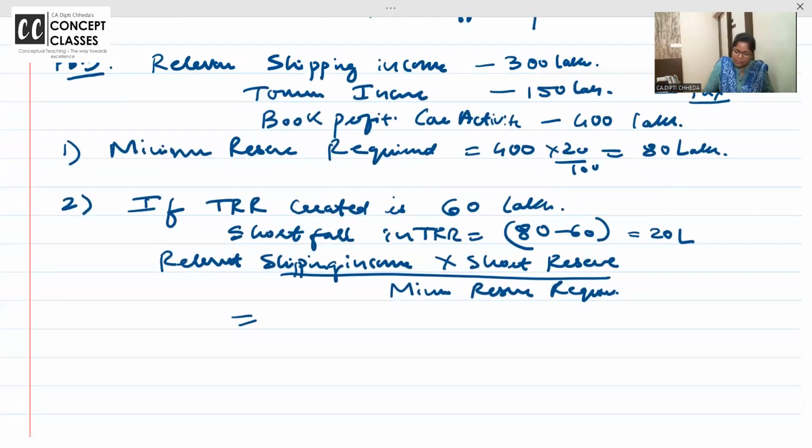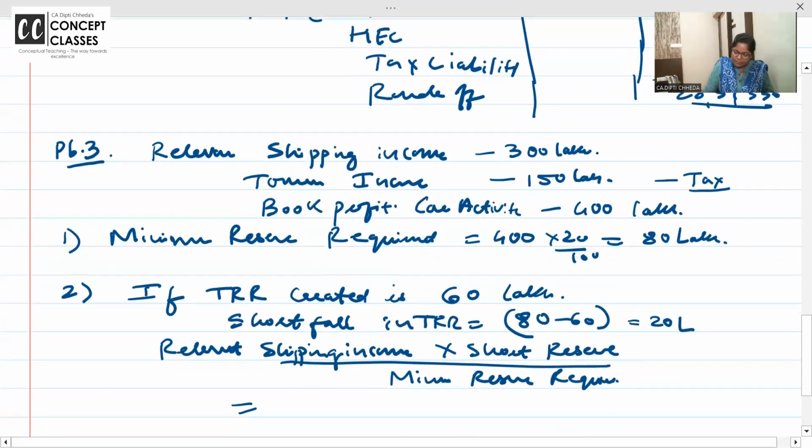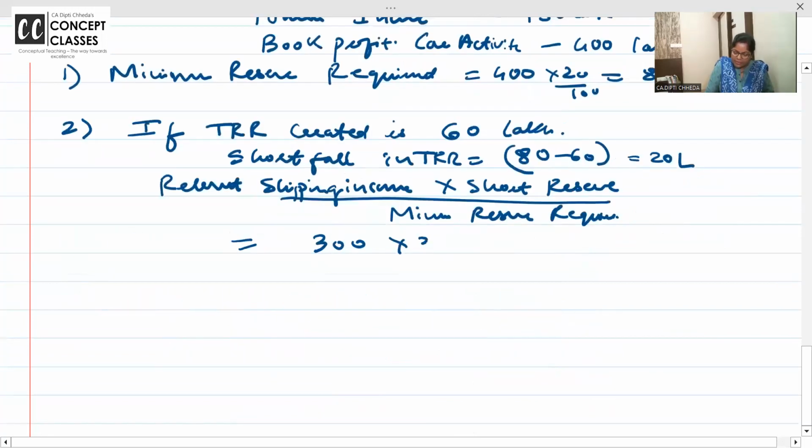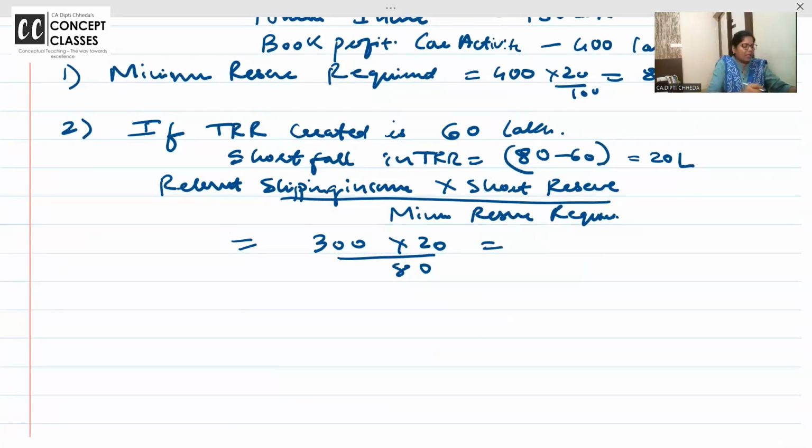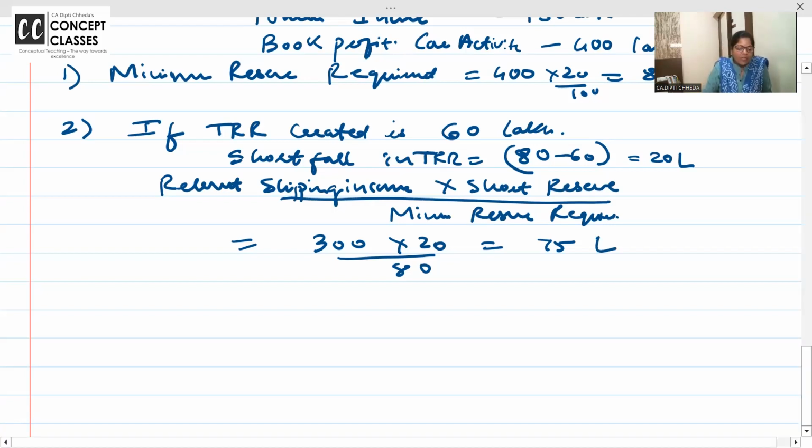What is your relevant shipping income we have taken here? 300. शॉर्ट कितना है? 20 लाख, जबकि मिनिमम कितना करना था? 80. तो 300 into 20 divide by 80, that is 75 lakhs. ओके, 75 lakhs क्या हो जाएगा आपका? टैक्सेबल अमाउंट.